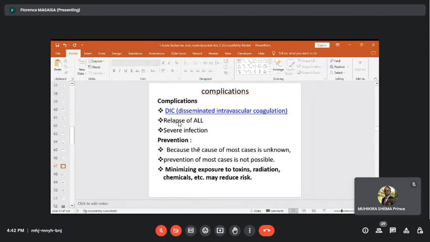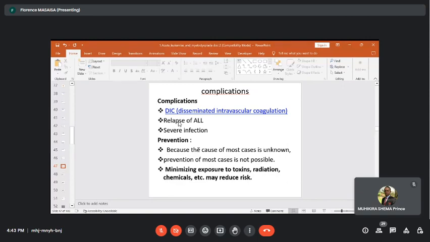Then the cytokines may induce the liberation of tissue factor in the bloodstream, causing the initiation of disseminated intravascular coagulation. There is also a risk of relapse. So the patient may get remission, then gets infection. Severe infection may also kill the patient.